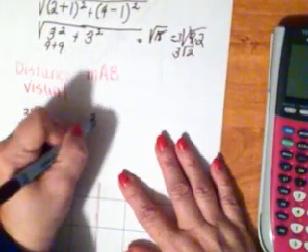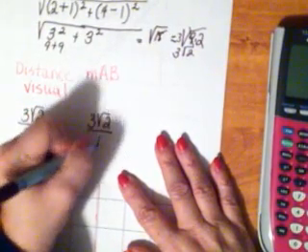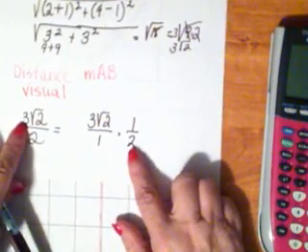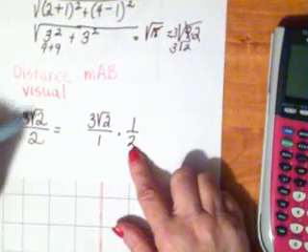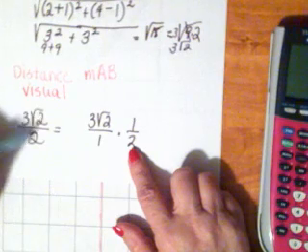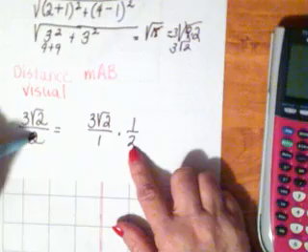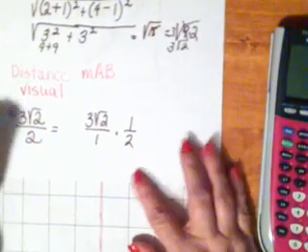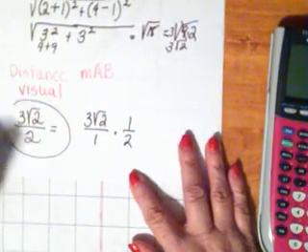Now, you could have said 3 square root of 2 times 1/2. It's the same thing because that means it ends up like this. Now, note that these two 2's do not cancel. They both have to be under the square root sign for them to cancel. So the distance here is 3 square root of 2 over 2.